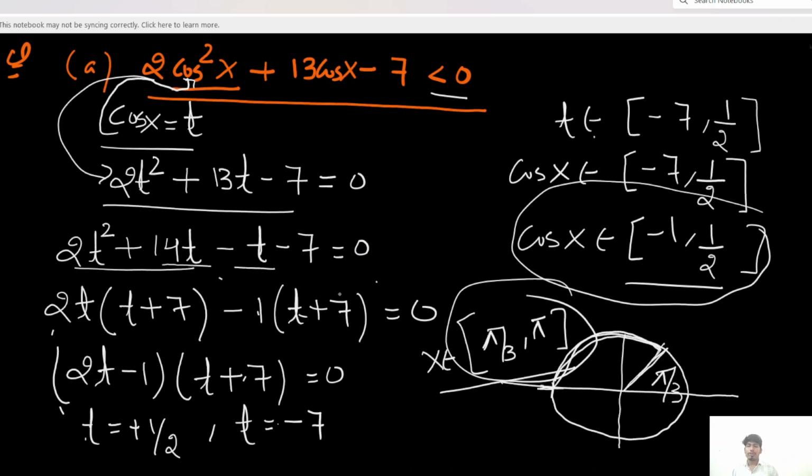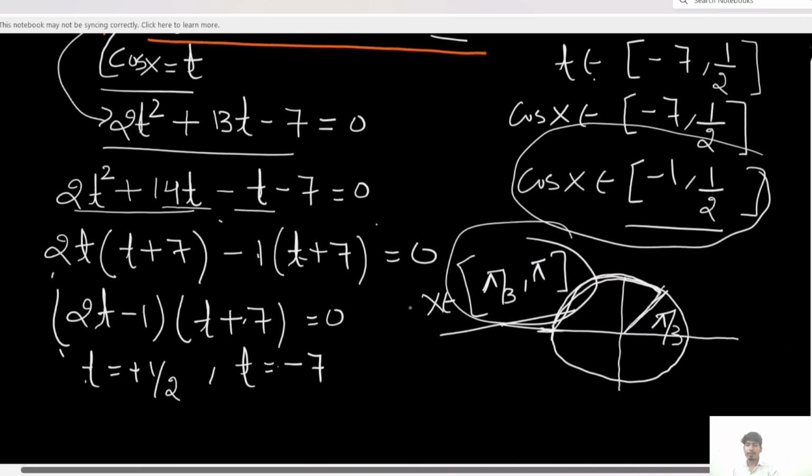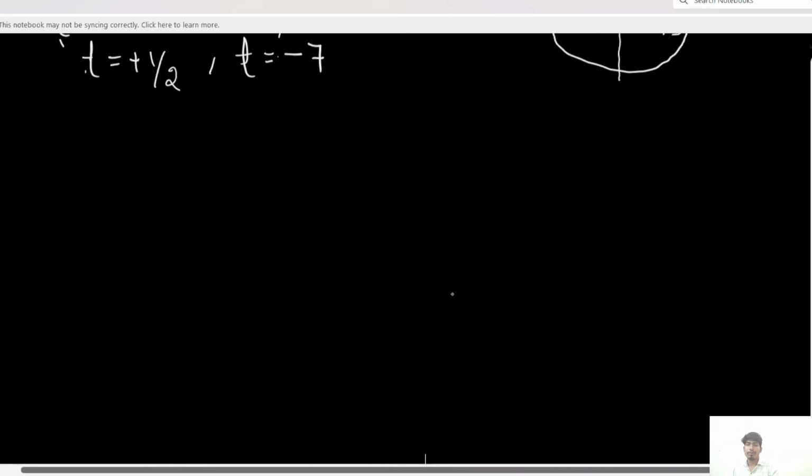Yes students, so now we do solution of triangles. That is our next topic. What we have done in this lecture and the previous lecture is trigonometric equations and inequations.